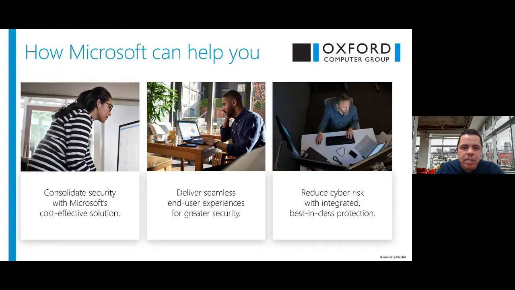It can deliver a seamless user experience, which in turn, when you remove that friction for your users and they don't have to work around the security blockers that may be up for them to do their jobs, you're going to have overall greater security. And thirdly, we're going to look at how the Microsoft security stack helps reduce cyber risk with integrated best-in-class protection.